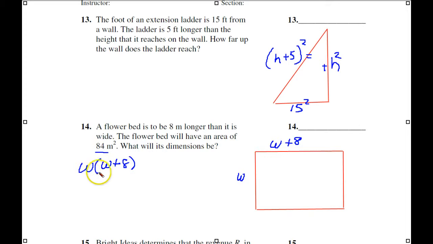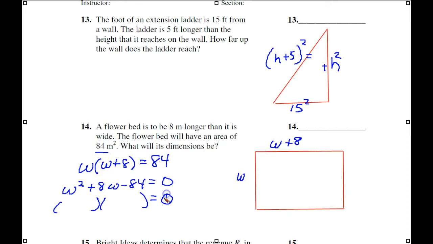That's length times width equals 84. And this looks like one we could do easily, so let's just do it. Whip it out here. W squared plus 8W minus 84 equals 0. And we now want to factor that.